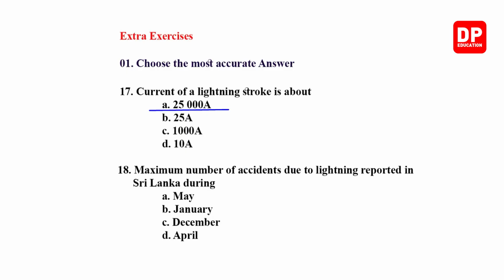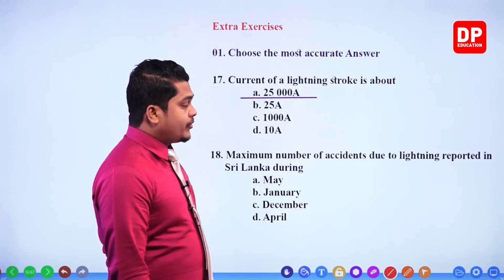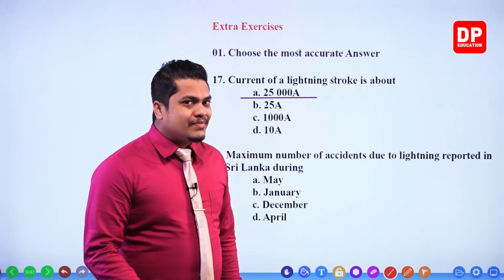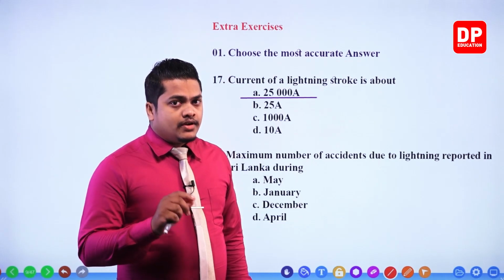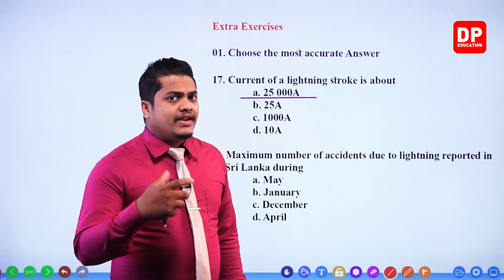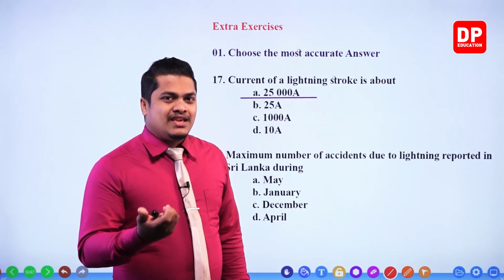Next one. Here they are asking about the maximum number of lightning strikes that happened in Sri Lanka during. So it is the same as the previous. Can you remember, over there the question was asking about the maximum amount of lightning strikes. Now it is the maximum lightning accidents. Same thing, no?